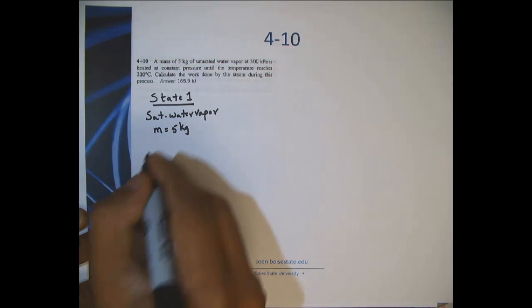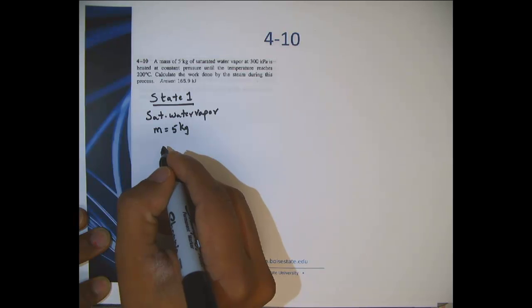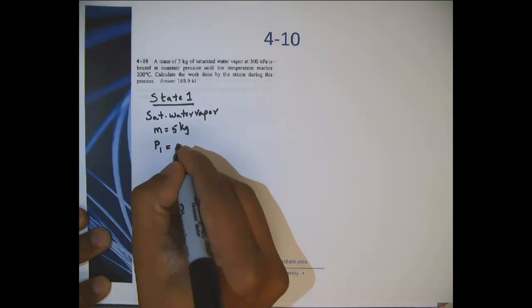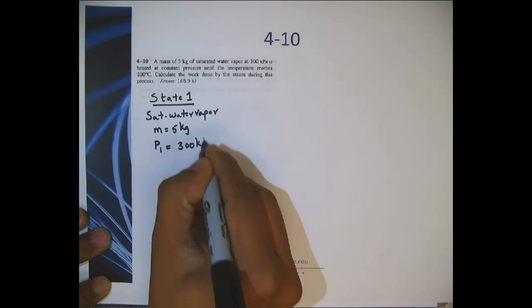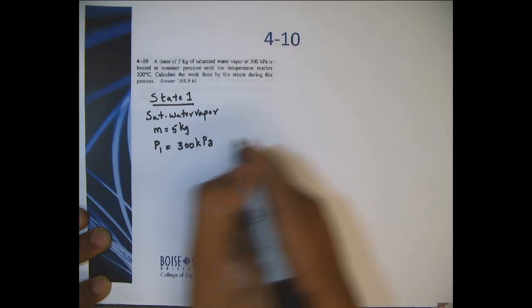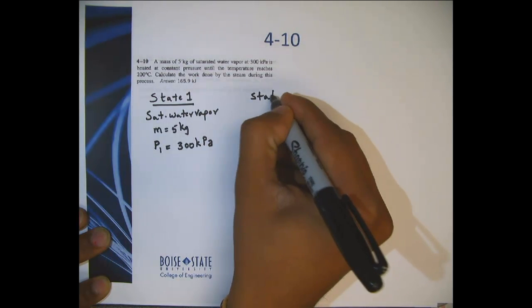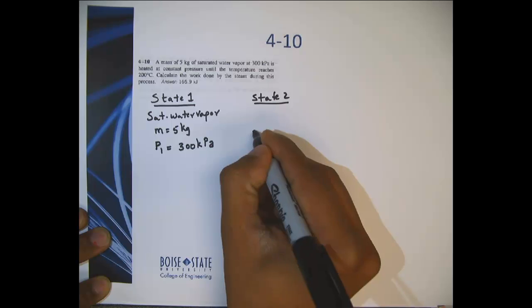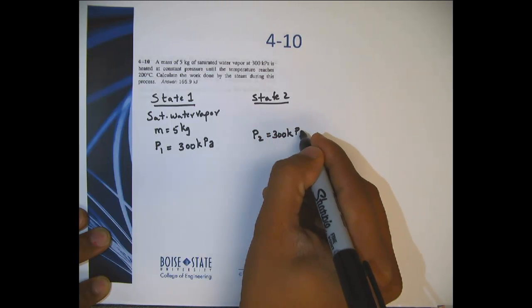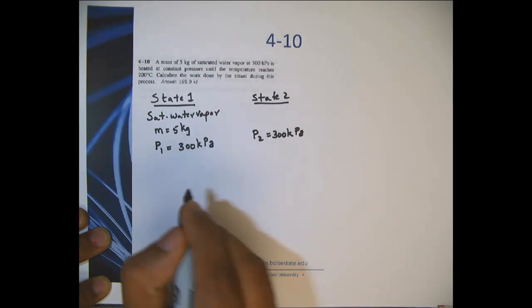Remember, it is a closed system, so nothing is coming in or going out. We have a pressure of 300 kilopascals, and for state 2 this pressure is constant, so it would again be 300 kilopascals.